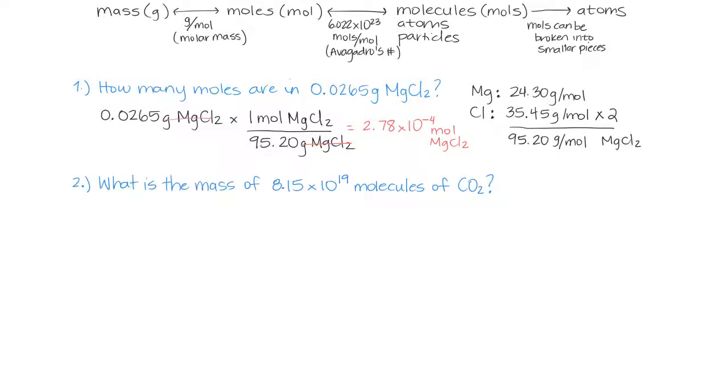Number 2, what is the mass of 8.15 times 10 to the 19 molecules of carbon dioxide? In order to convert molecules into grams, we first have to convert to moles. So let's start by using Avogadro's number.